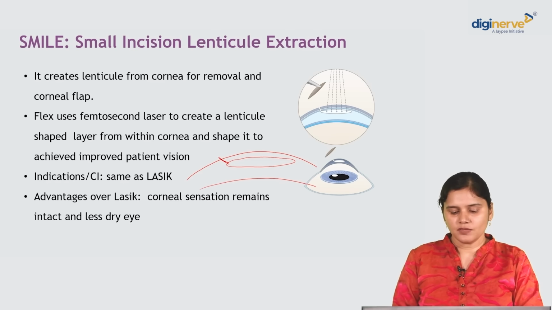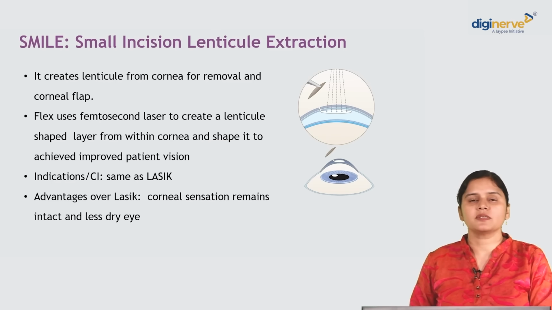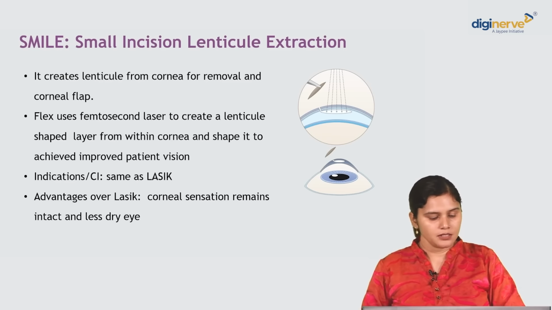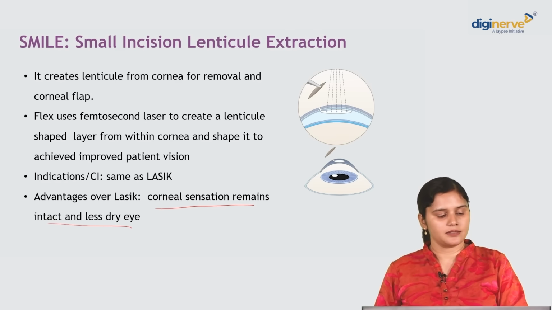From that incision, we separate this lenticule and take it out through a small incision. Now the flap-related problems like flap loss or flap disinsertion have been alleviated because of SMILE. The advantage over LASIK is that corneal sensation remains the same and the dry eye is lesser.